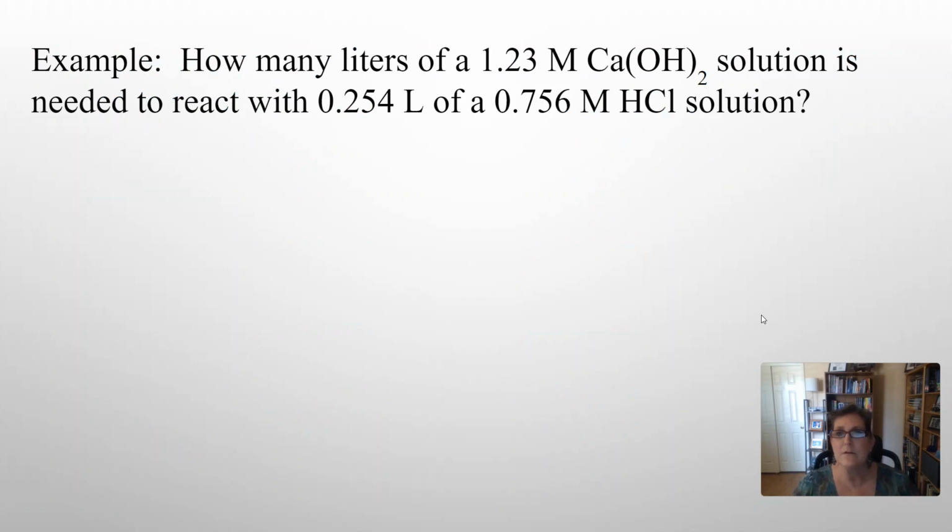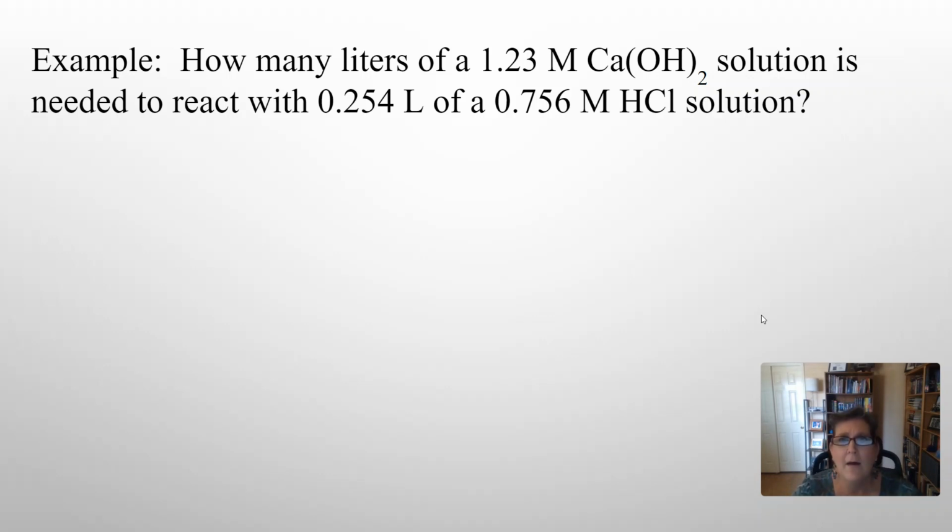How many liters of a 1.23 molar calcium hydroxide solution is needed to react with 0.254 liters of a 0.756 molar HCl solution? I know. Wow. This is tough. This may be the toughest thing we're doing all semester.